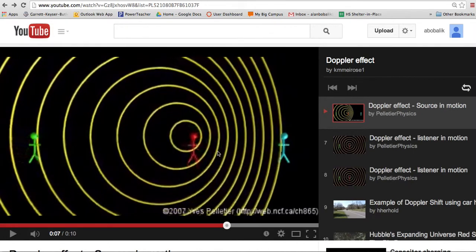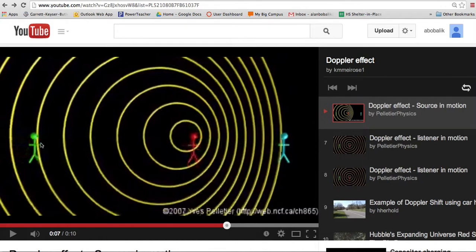For the person that is behind the source of motion, the person who's being moved away from, the frequency changes a little bit. The distance between each one of these sound waves and the time between each one of these sound waves hitting the listener is increased. So the frequency is slowed, or decreased.